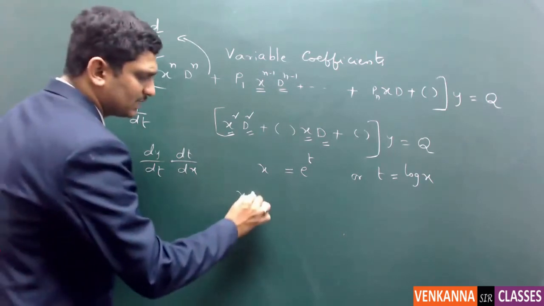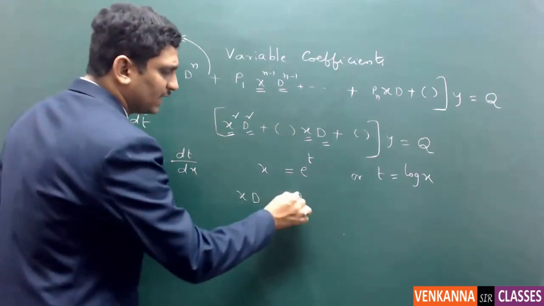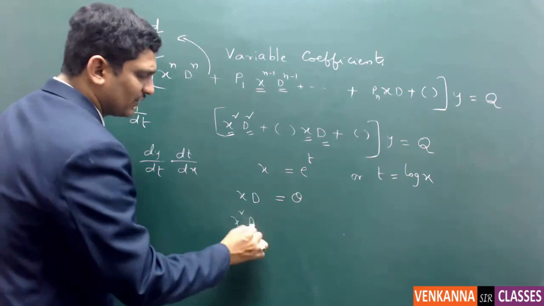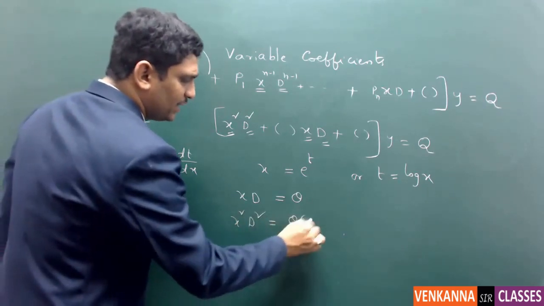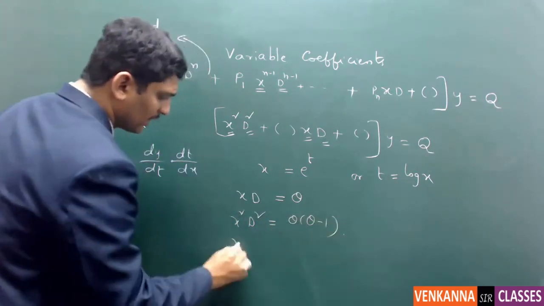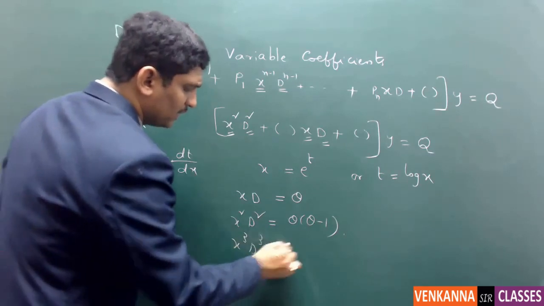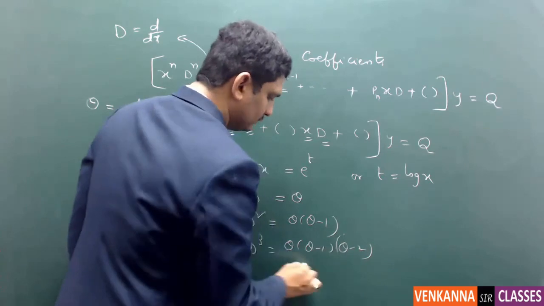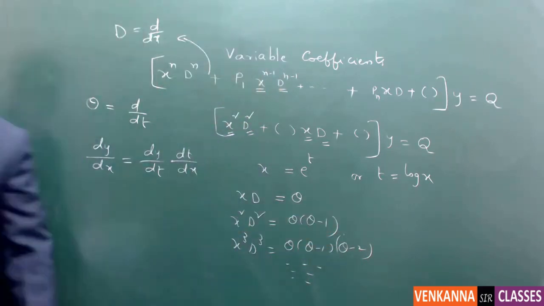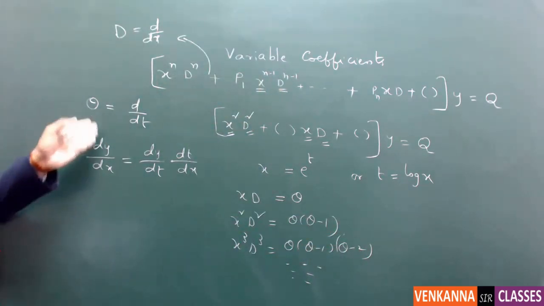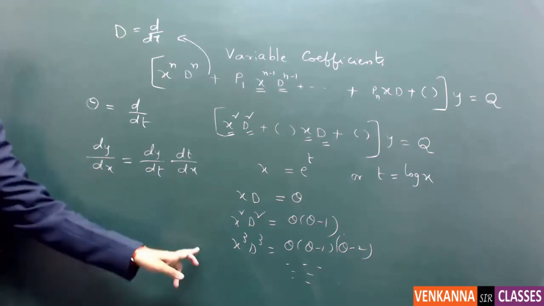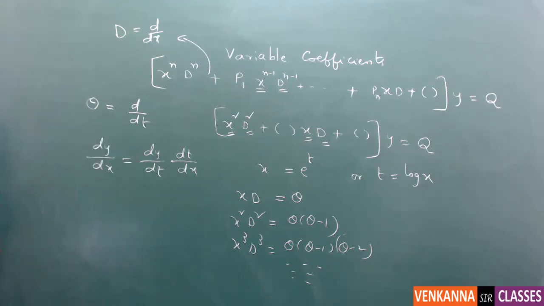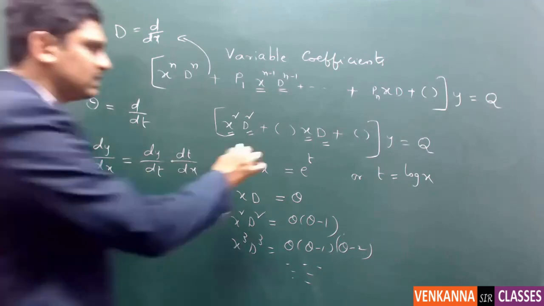We replace xd with theta, x square d square with theta into theta minus 1, x cube d cube with theta into theta minus 1 into theta minus 2, and so on. By doing successive differentiation, you will get these values. However, in the exam, we just mention these things only.